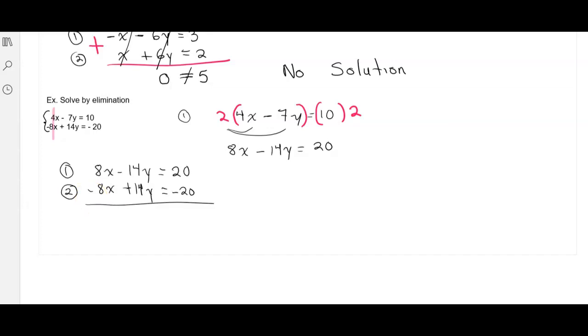When I do my vertical addition, let's see what happens. These two eliminate. These two also eliminate. Therefore, on this side, I'm only left with 0 equal to 20 plus negative 20, which also eliminate. So here I'm going to get 0. 0 is equal to 0. Therefore, this is a true statement. So in here, we're going to say that this one has infinitely many solutions.